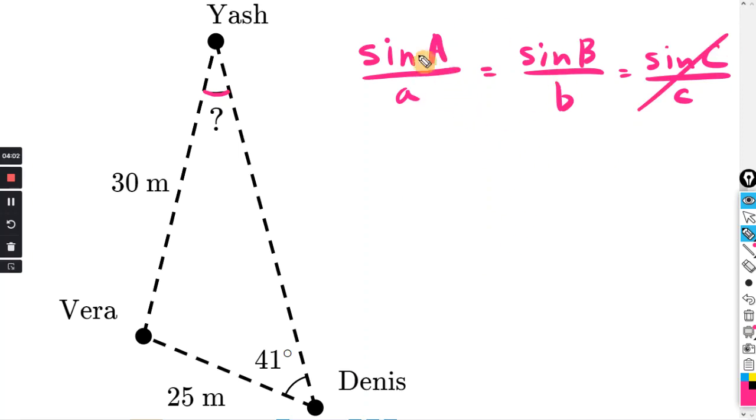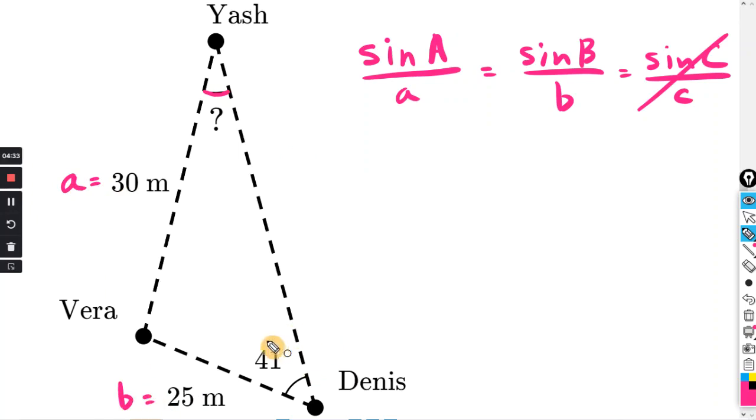In order to solve this one equation, we can only have one unknown, so we either need 2 angles and one side or 2 sides and one angle, and we do have that. We have 2 sides and 1 angle, so we're good on that. Since I chose A and B and crossed off C, we're going to label the sides a and b. So I'll let the 30 meters equal a, and I'll let the 25 meters equal b.